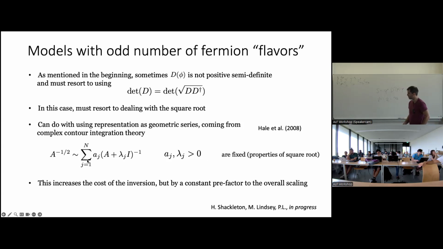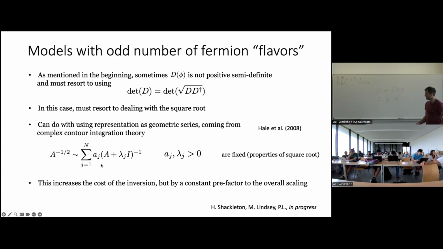So if you have some general positive definite matrix A, and you take its inverse square root, then schematically this is a sum over some finite number of terms that you determine, with some coefficients, and then you invert.